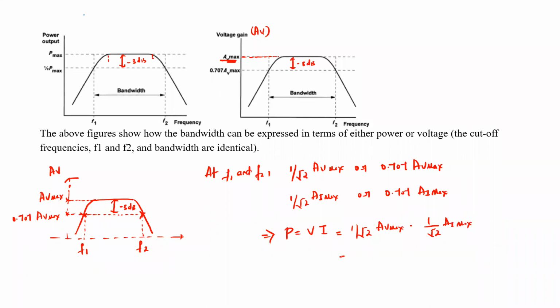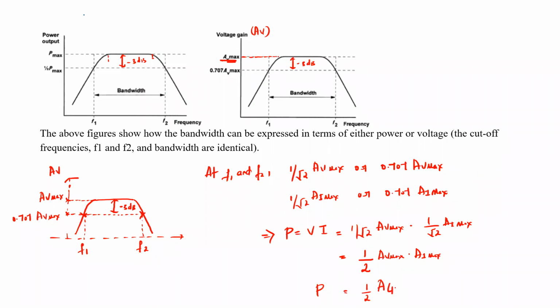What is 1 by root 2 into 1 by root 2? 1 by 2. Then we have AV max into AI max. And what is AV max into AI max? According to the gain that we have seen in the last class, it would be the power gain.